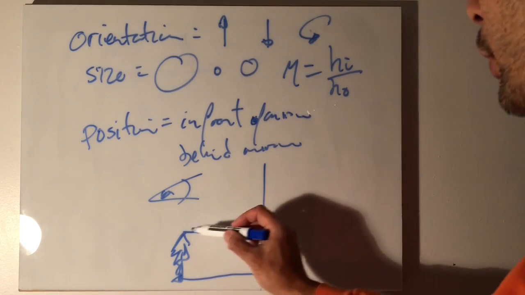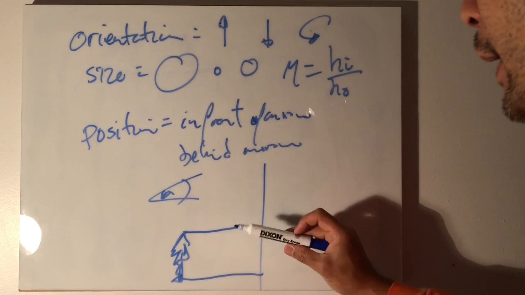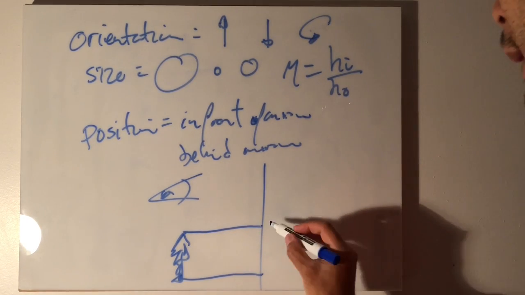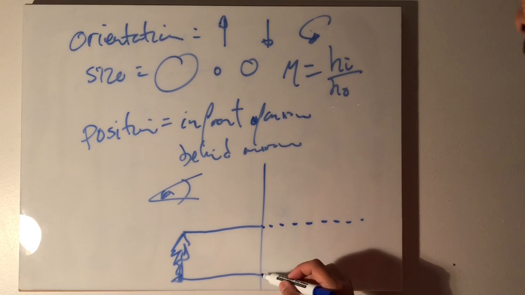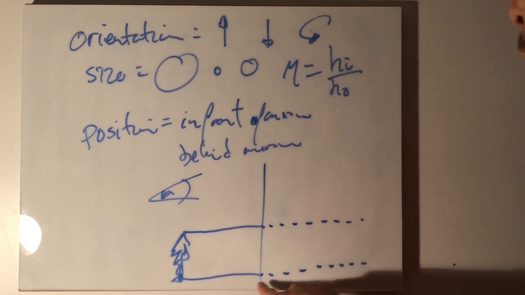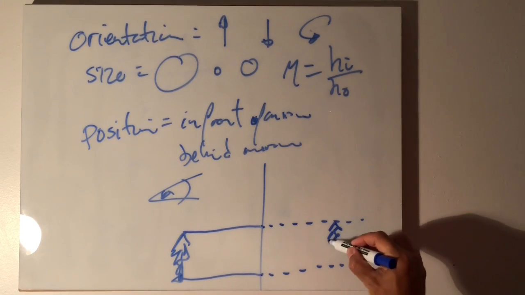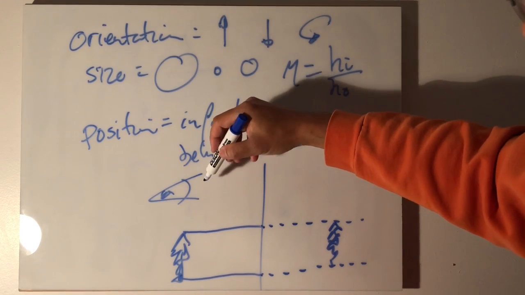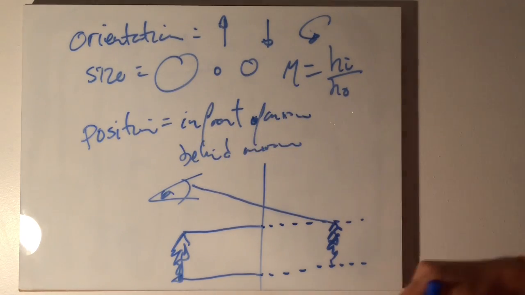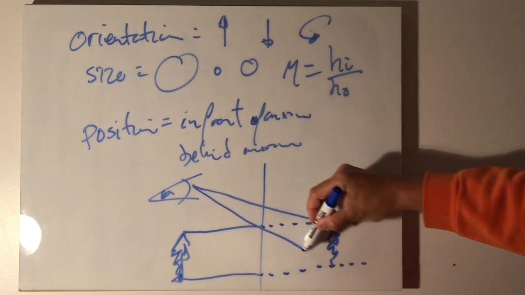But it doesn't come back towards my eye like so, because then it doesn't respect the law of incidence and reflection. What actually happens is my brain creates an extension of the line, doubling it, so it goes like this. And then I look from here to there and to there.